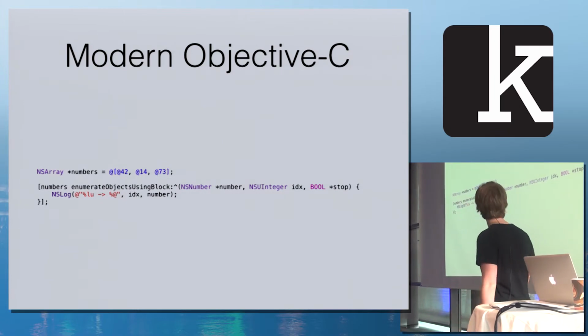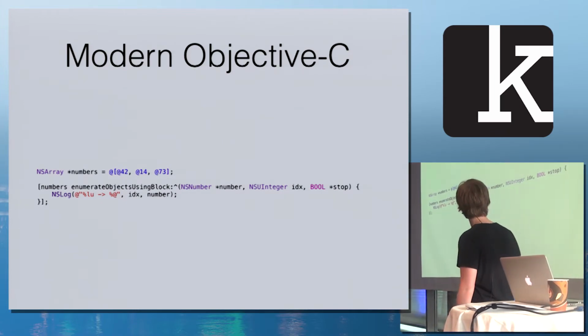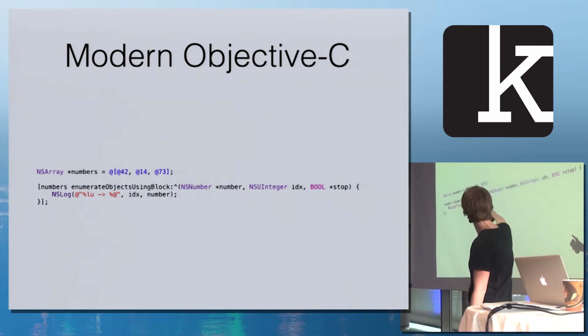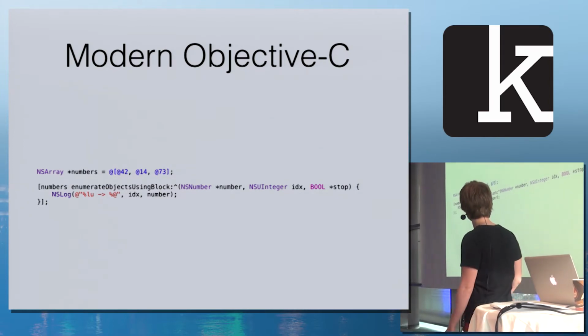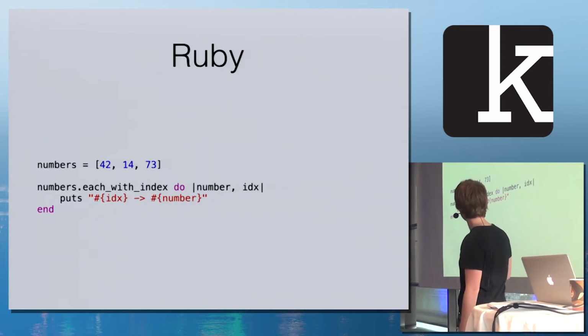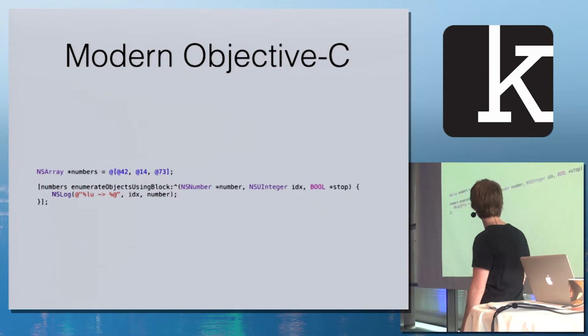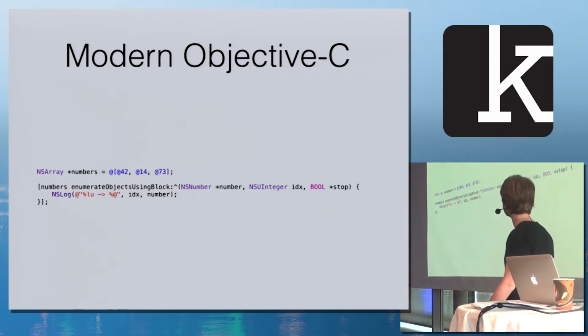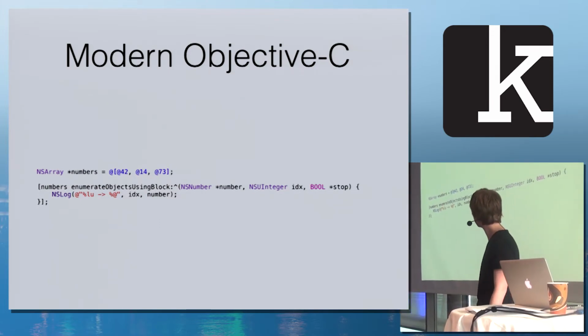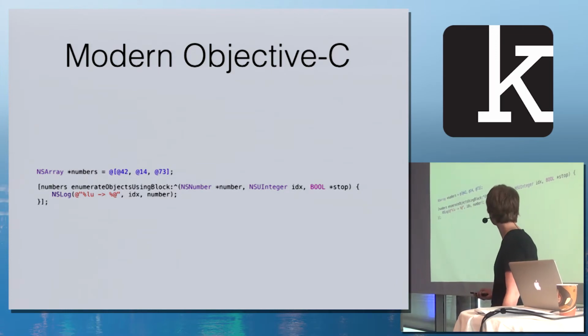Yes, block. We have blocks in Objective-C just like Ruby, and that's a block that takes 3 parameters. So it's basically Ruby, Objective-C. Of course, Objective-C is typed and a bit more verbose, but they're very similar.